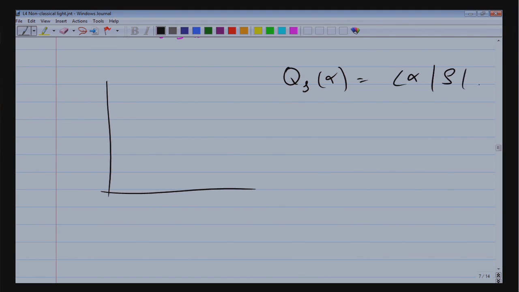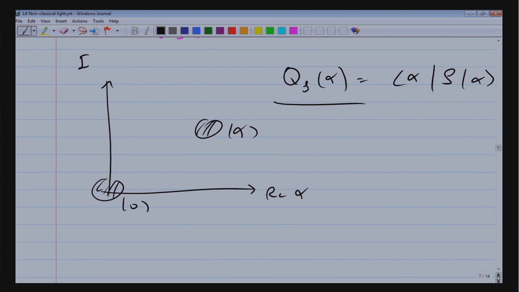By taking the diagonal matrix elements, we obtain the Q distribution. In that case, we have the vacuum, we have a displaced vacuum, which is a coherent state. And our axes are, from the very definition, the complex plane with the real part and the imaginary part of alpha.